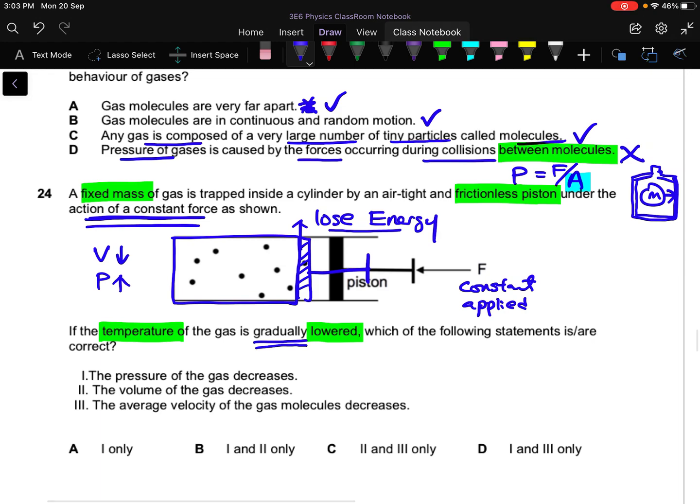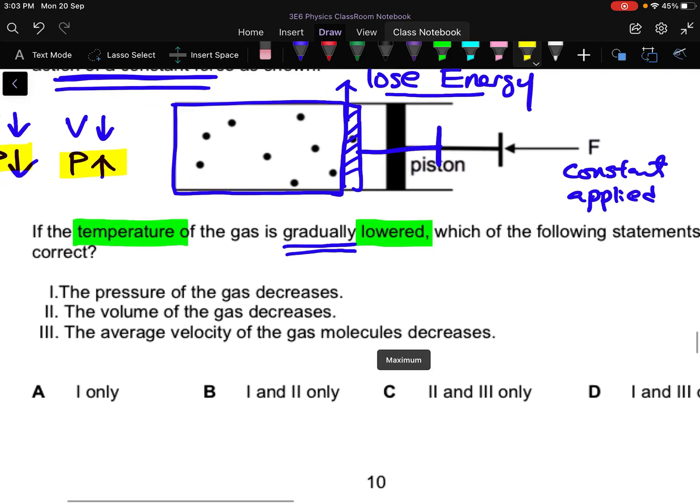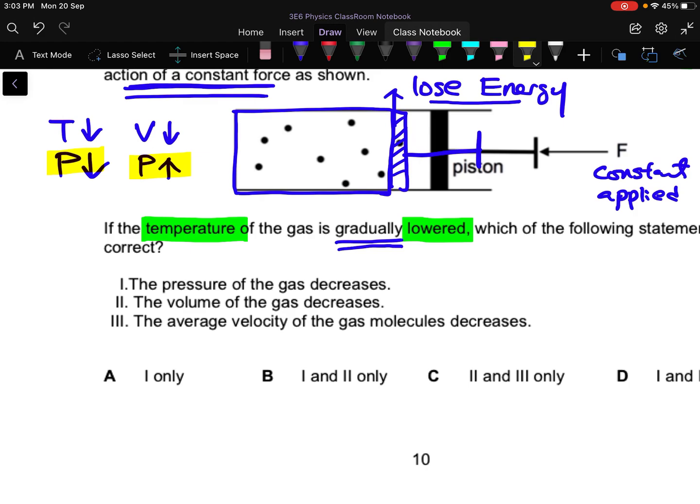When I lose energy slowly, right, temperature drops, my pressure will actually drop. So now I am in trouble because one says my pressure drops, one says my pressure rises. So let's take a look. Pressure of the gas decreases, I am not sure, because when the volume drops, I have an increasing effect. When the temperature drops, I have a decreasing effect, so I'm not sure.